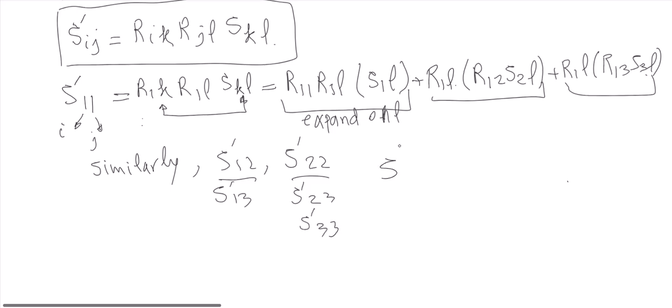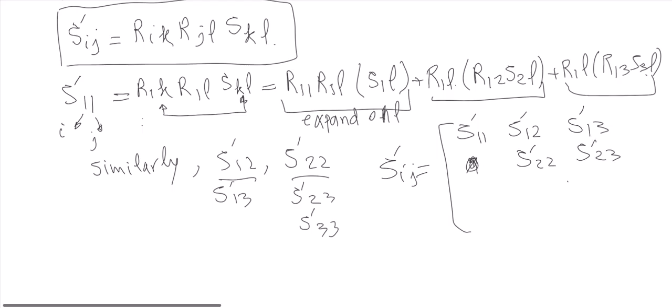So you will have a matrix of this transform which has S prime 1 1, S prime 1 2, S prime 1 3, symmetry. When I put this symmetry, S prime 2 2, S prime 2 3, again symmetry, again symmetry, and then S prime 3 3. And each one can be calculated using this transformation.